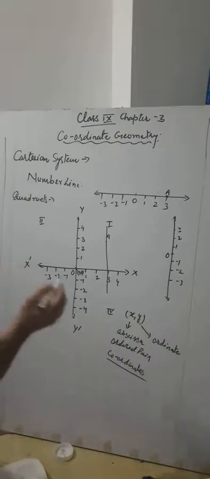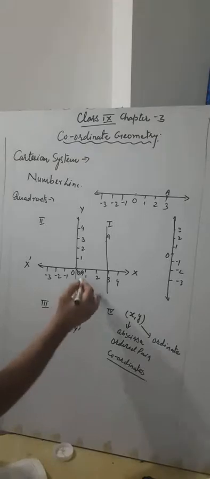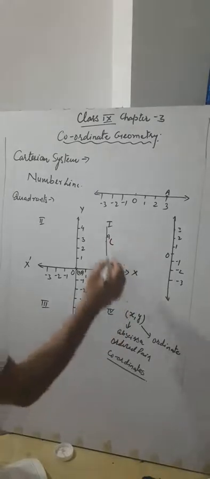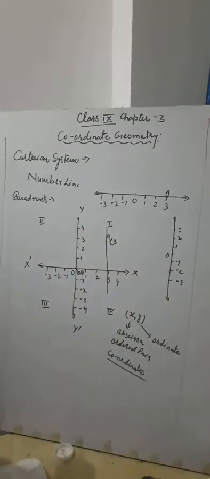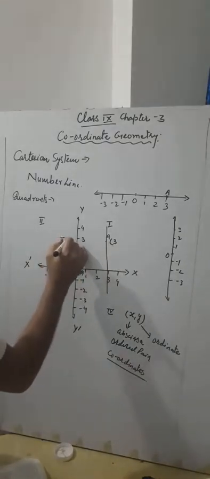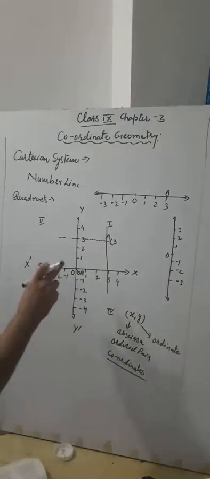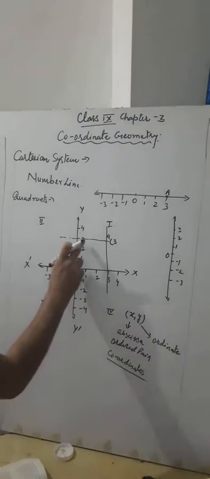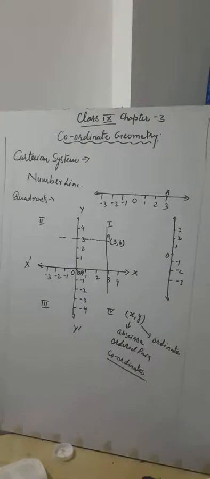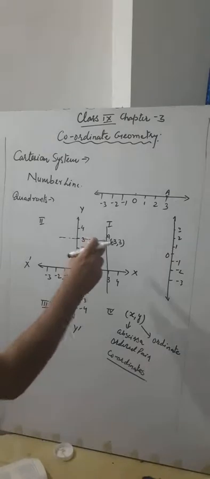So the distance of this perpendicular from the origin, 1, 2, 3, this is called the abscissa, means 3, and again we draw a perpendicular on the y-axis from this point. The distance of this point from the origin, that is 3, is called the ordinate. So the coordinates of point A are 3, 3.